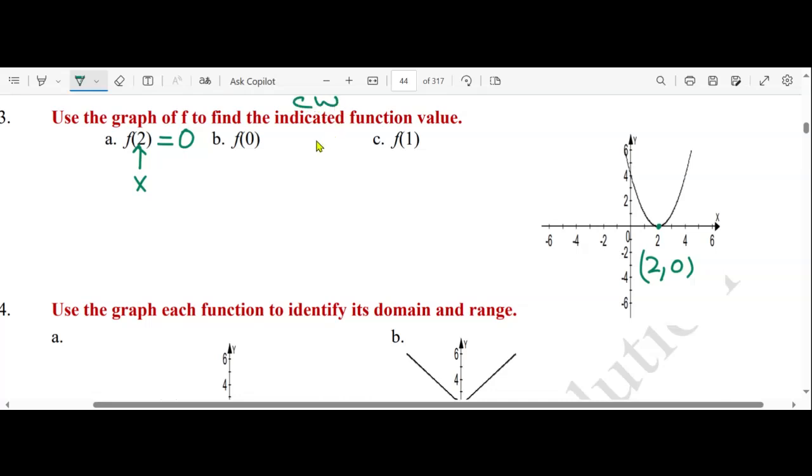Do it now. It's in your booklet. F of 0. How much is f of 0? 4. F of 1. Where is x 1? Here, right? 1.5. Okay? Easy?